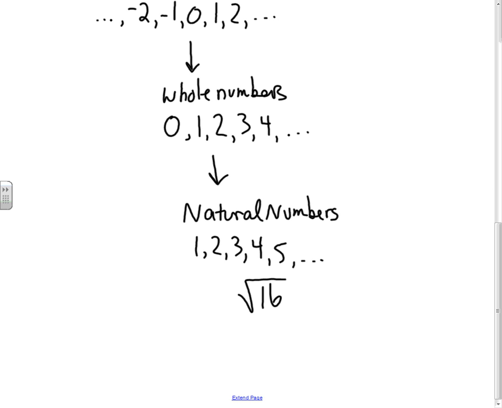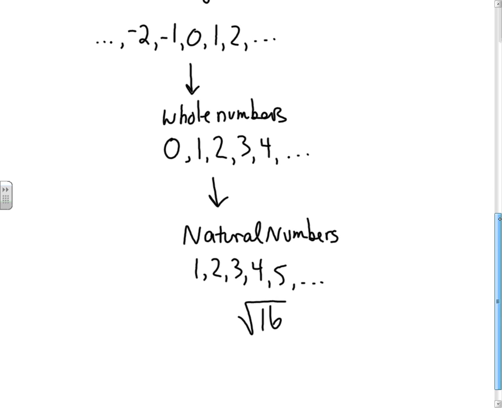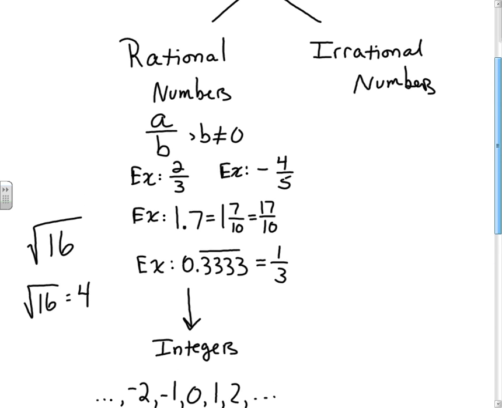Now, we haven't gotten to the other set of real numbers, which is the irrational numbers. Basically, the irrational numbers are numbers that cannot be written as a ratio, so they are numbers that are not rational.